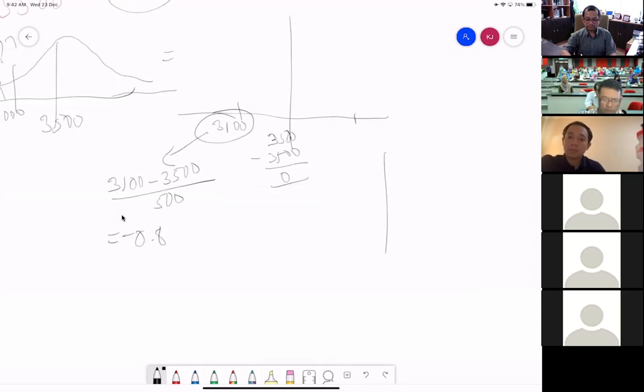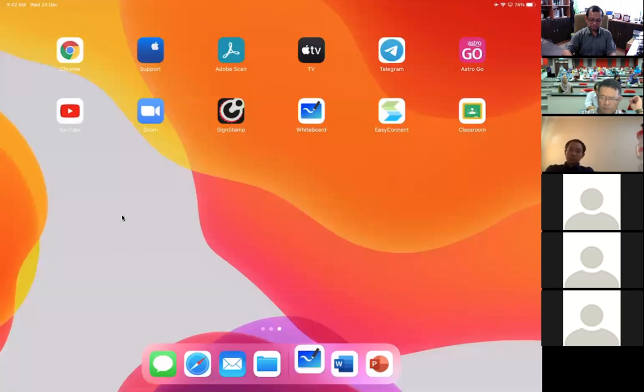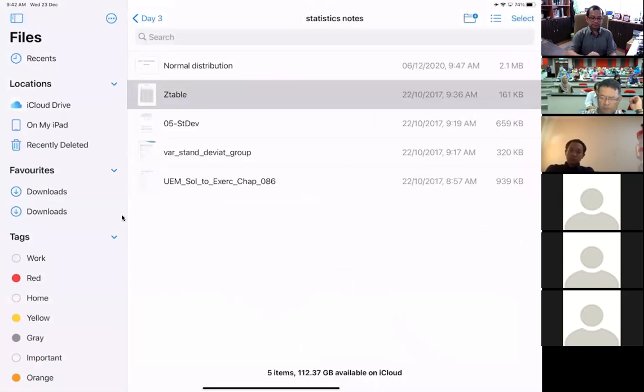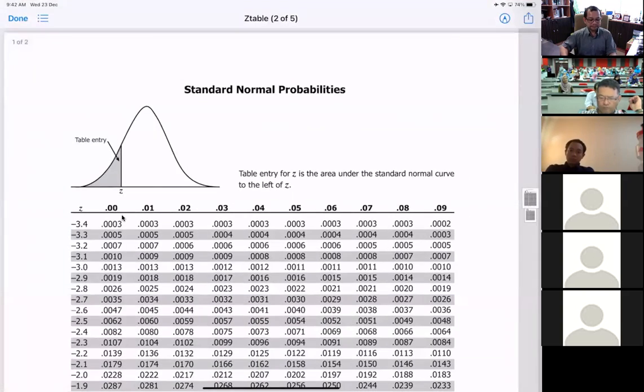So if we draw it back, 0 and minus 0.8. We want to find the area here, at minus 0.8.